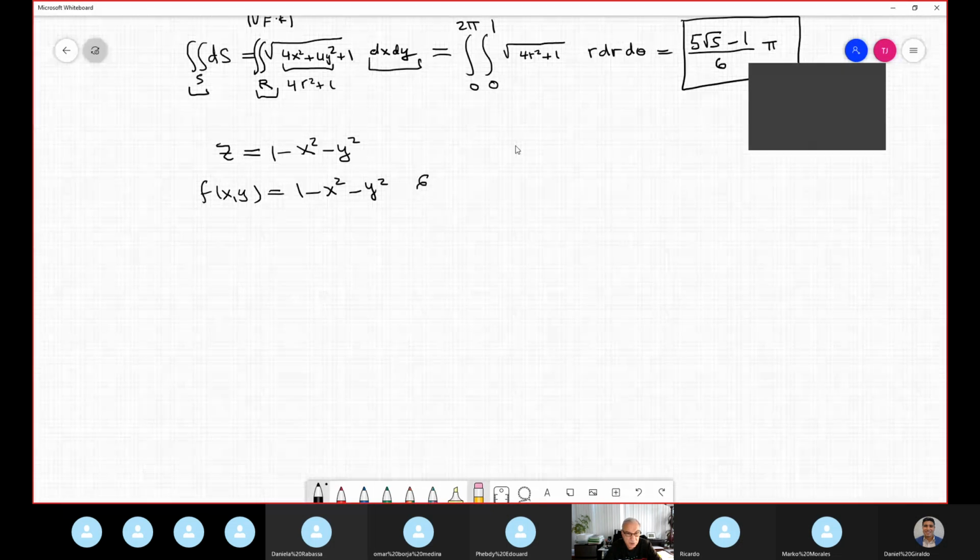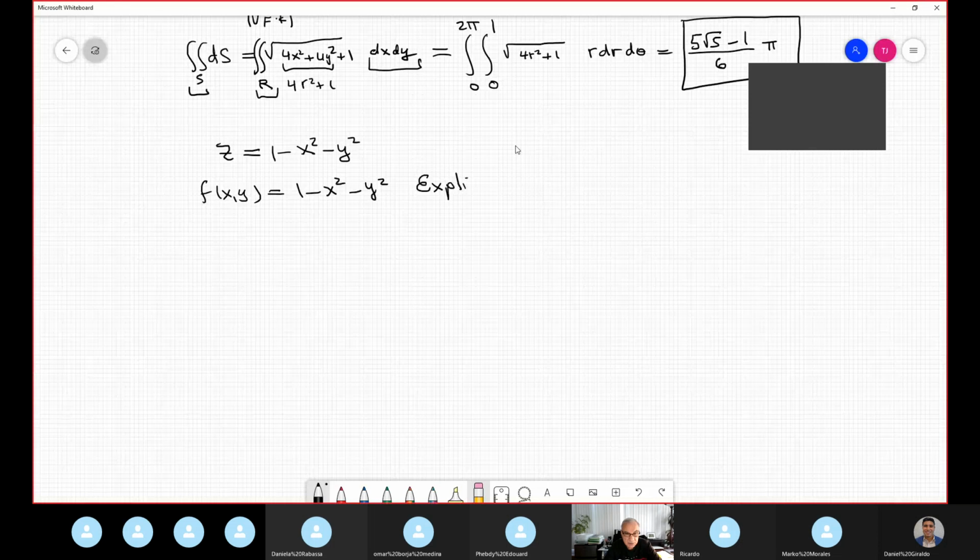And this is explicit. Explicit is when the z is isolated, and you call it little f, not capital F, little f.